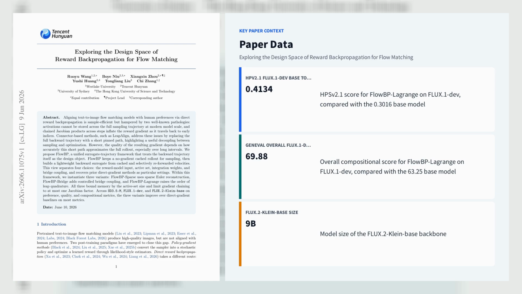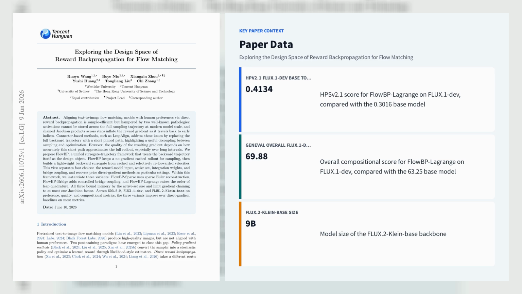Across SD 3.5 M, Flux.1 Dev 12B, and Flux.2 Klein Base 9B, the methods improve HPSv2.1, PickScore, ImageReward, UniAlign, and UniQ on most metrics.